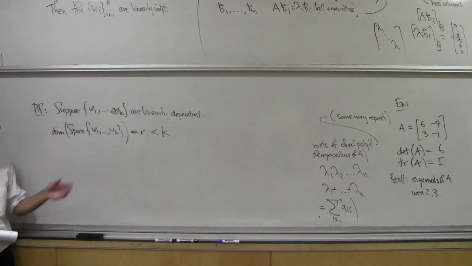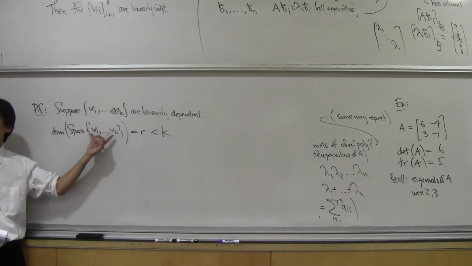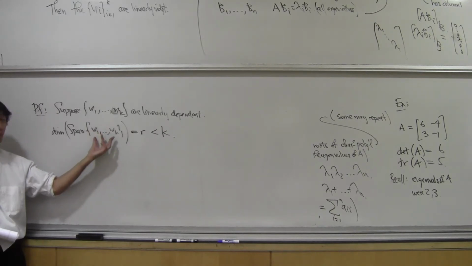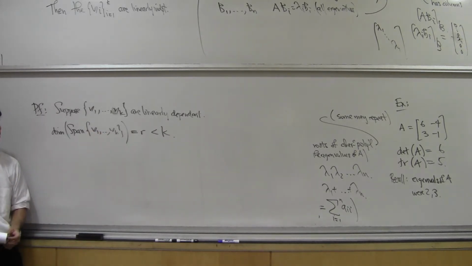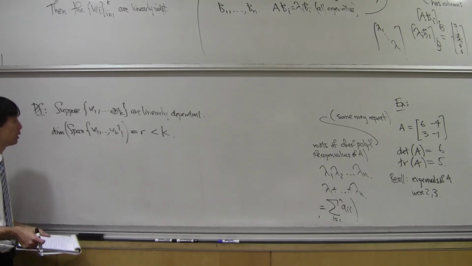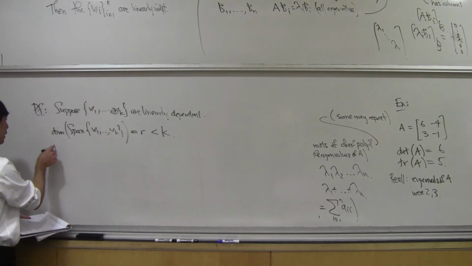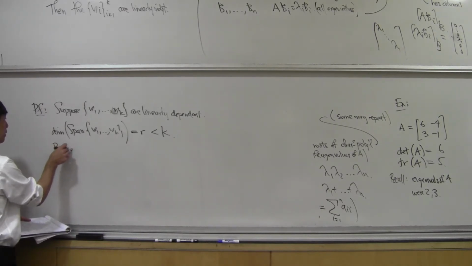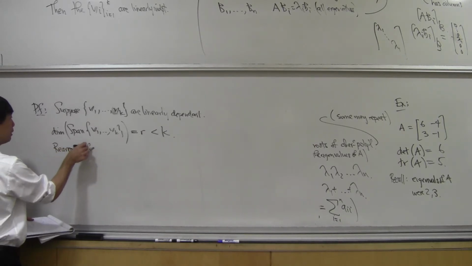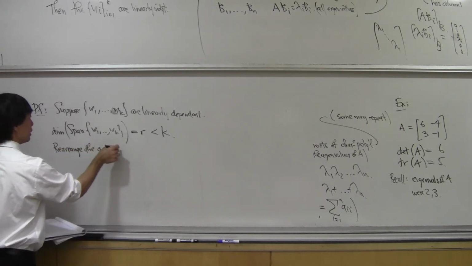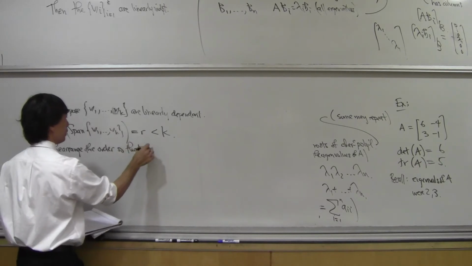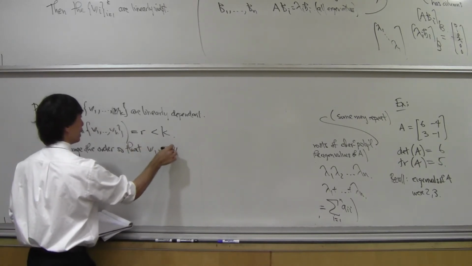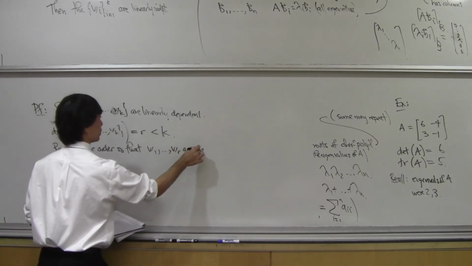Suppose the dimension of the span isn't k, right? That there's some dependence between the Vi's. Well, rearrange them. Rearrange the order so that V1 through Vr are independent.